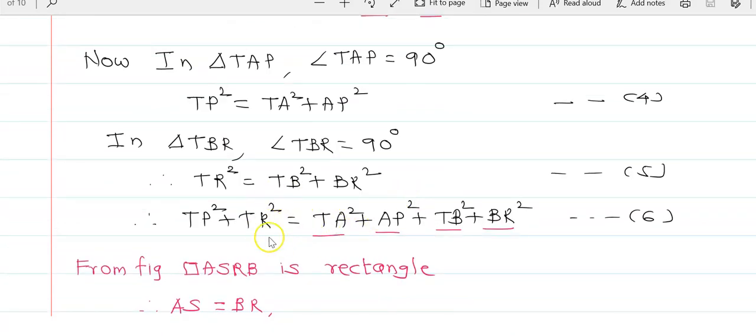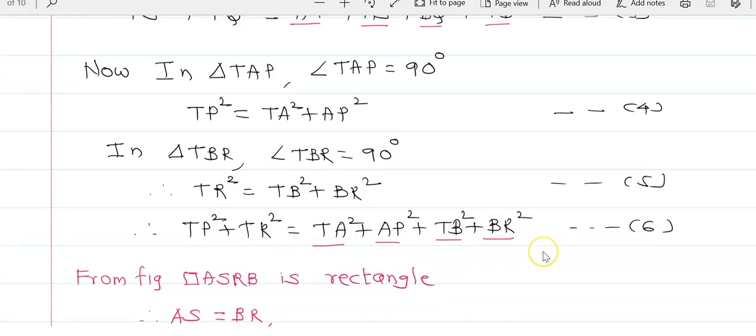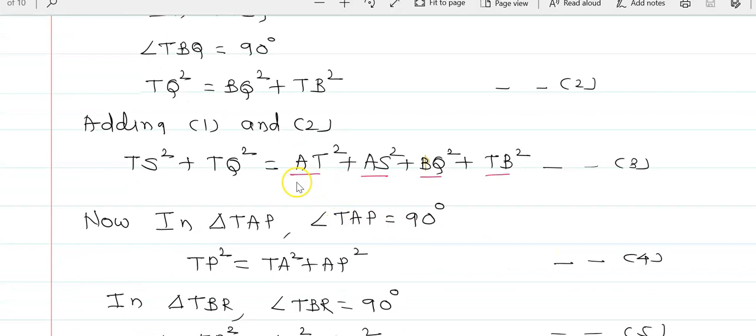Adding these two, we get TP square plus TR square equal to TA square plus AP square plus TB square plus BR square.